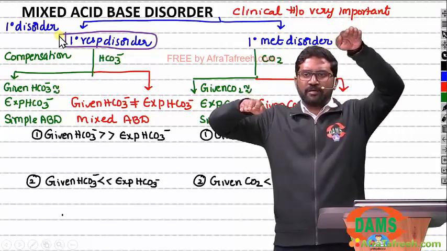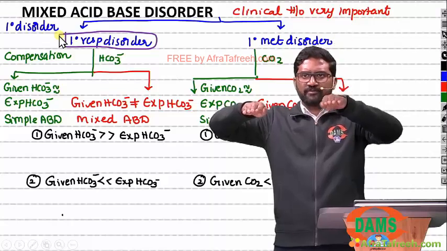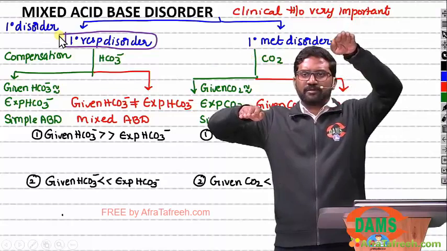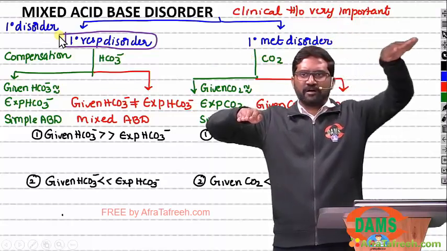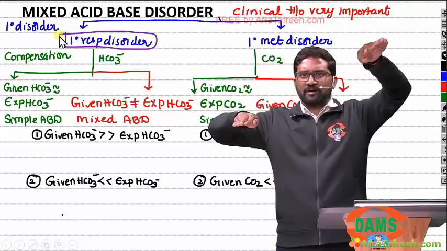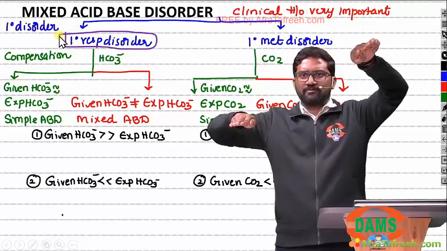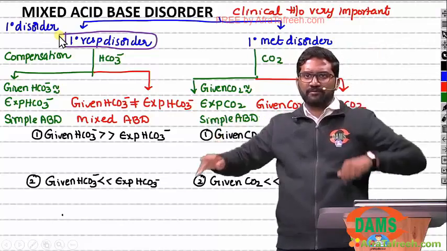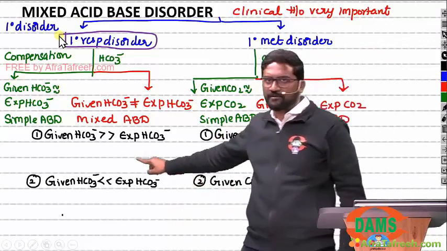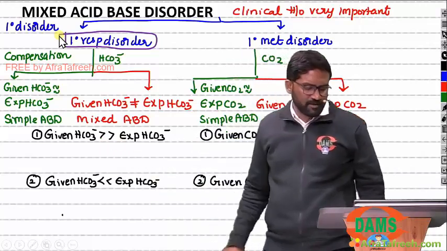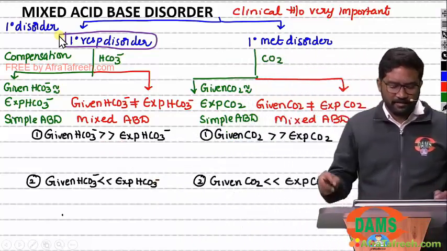What does it mean? The body's compensatory response can only bring it to 34, but it has increased beyond that. It means there is some extra bicarbonate in the body. So anywhere extra bicarbonate in the body should be considered as additional metabolic alkalosis. This is a situation where given bicarbonate in the patient's body is very much higher than expected bicarbonate.